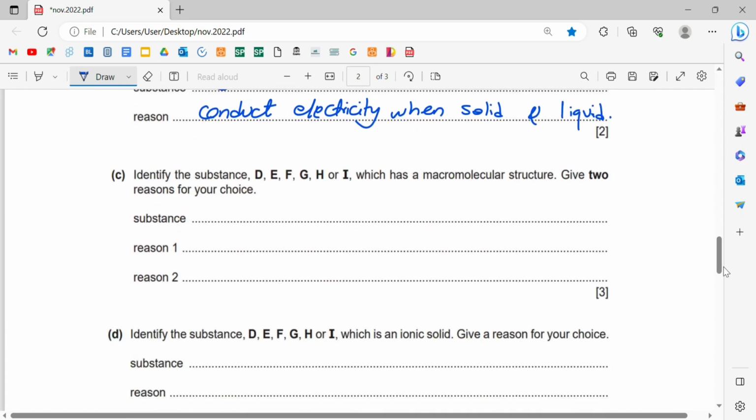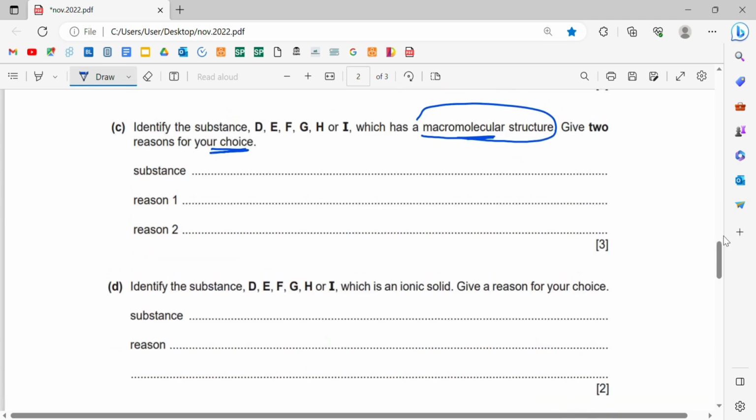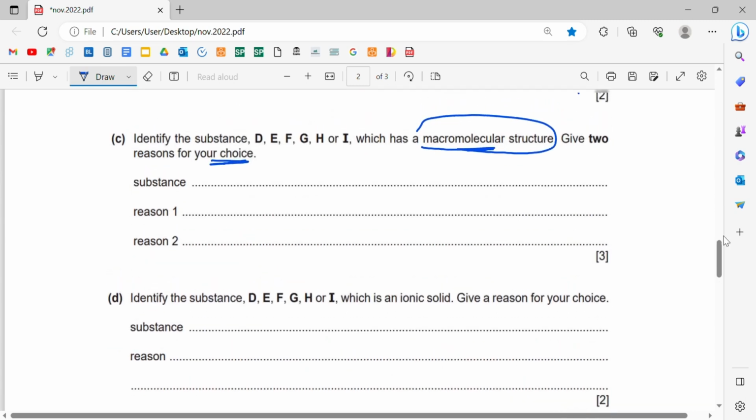Question number C, identify the substance which has macromolecular structure. Give 2 reasons for your choice. Macromolecular structure means I have a high melting and boiling point and I do not conduct electricity. Which one has a macromolecular structure?